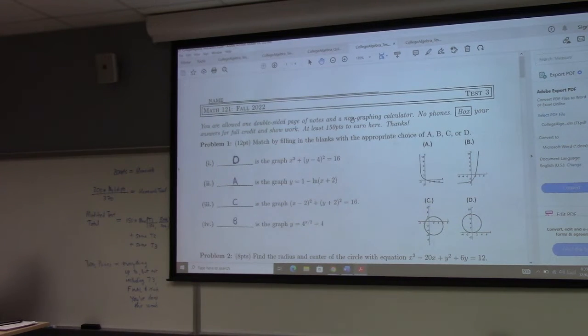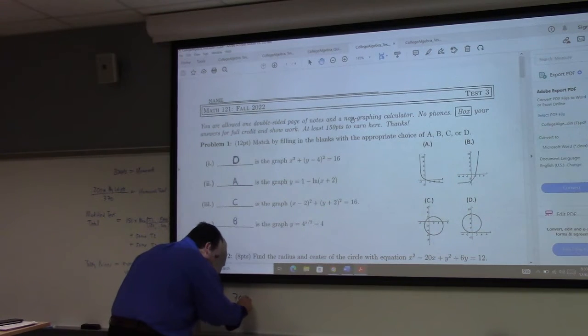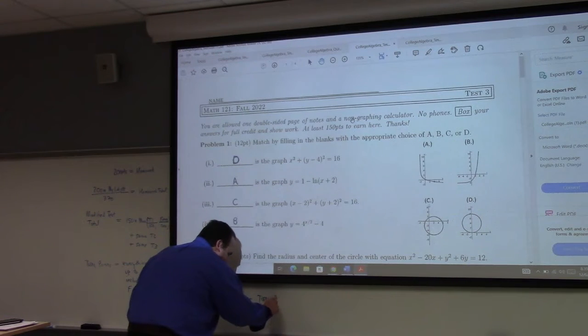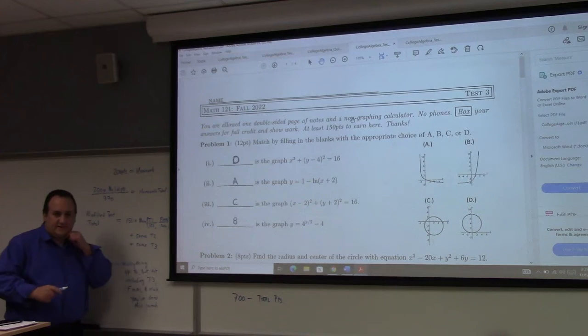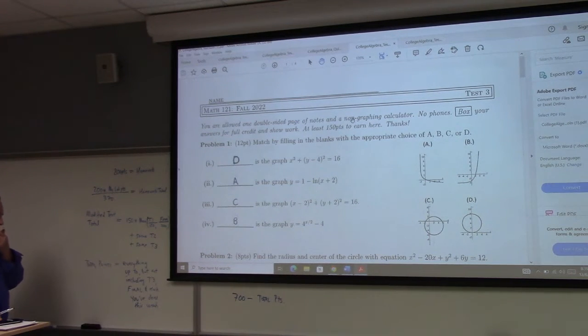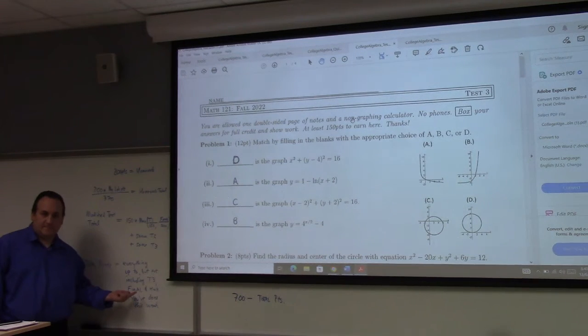I'm not saying you want to make a C, I'm just saying in principle. So if we take 700 minus the total points as they exist in the grade center, then that tells you how many more points you need to earn, including test 3 and the final, right?